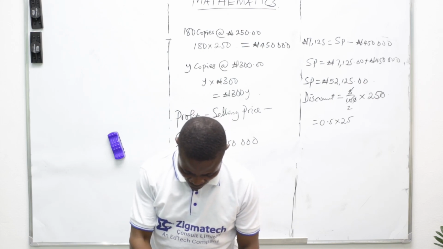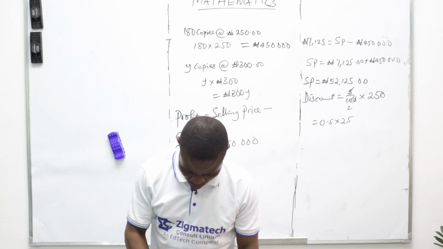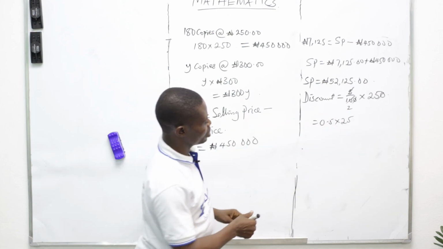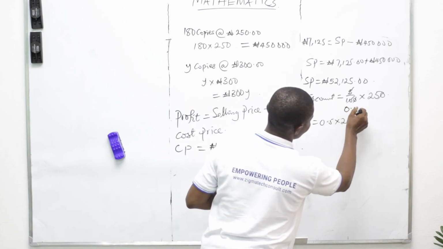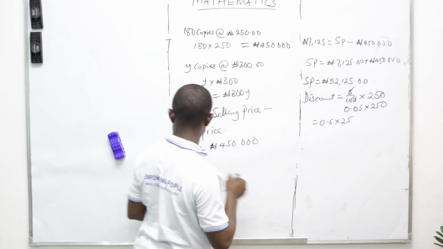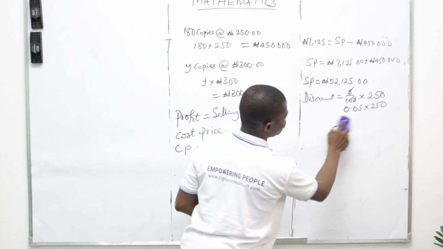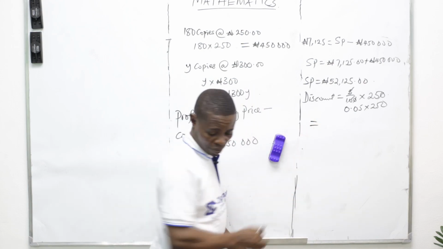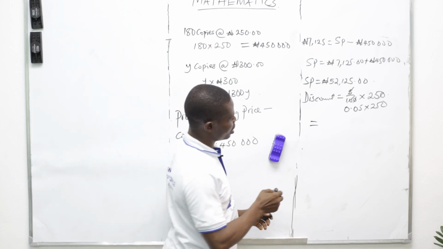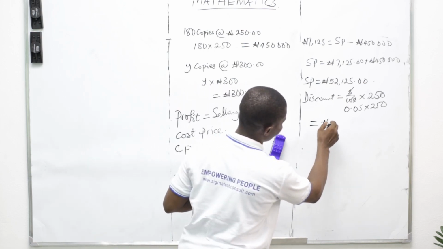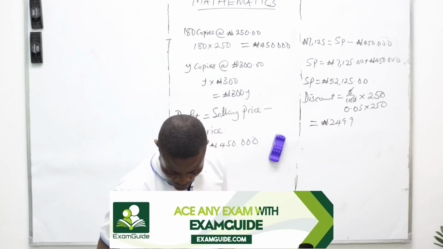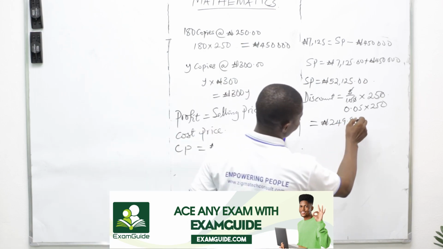Punch to give us this multiplied by this, 0.05 times 250 to reduce to 249.95 naira.